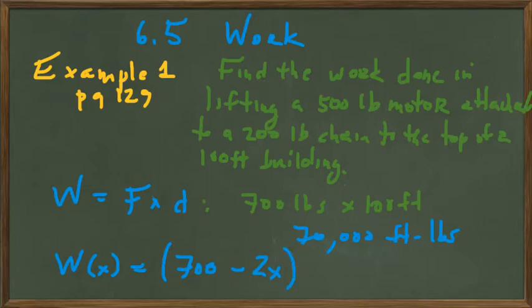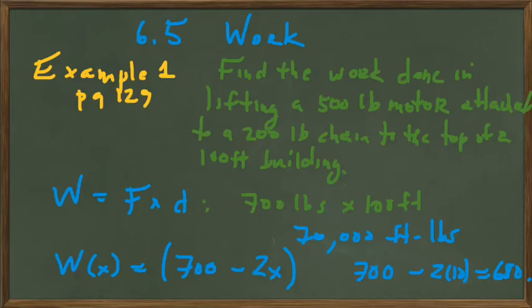So for instance, when the motor is on the ground and x is 0, then we're lifting the entire chain plus the motor. When the motor is 10 feet above the ground, we are lifting 700 minus 2 pounds of chain times 10 feet, and so at that point we're only lifting 680 pounds, and so on.